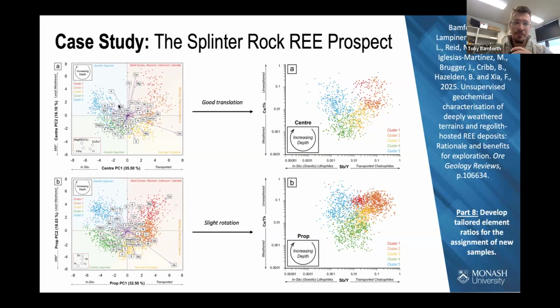So for instance, here, if we take this PCA analysis of center, I'm pretty sure this is the center one. It will say it somewhere. Yes, center there.